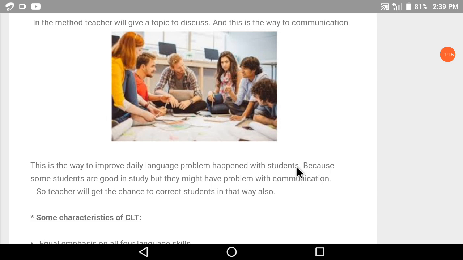In our culture, I am talking about myself, there is no culture of speaking English in daily life. But in future, English may become a regular language for me, for my students, for my friends, for you guys.